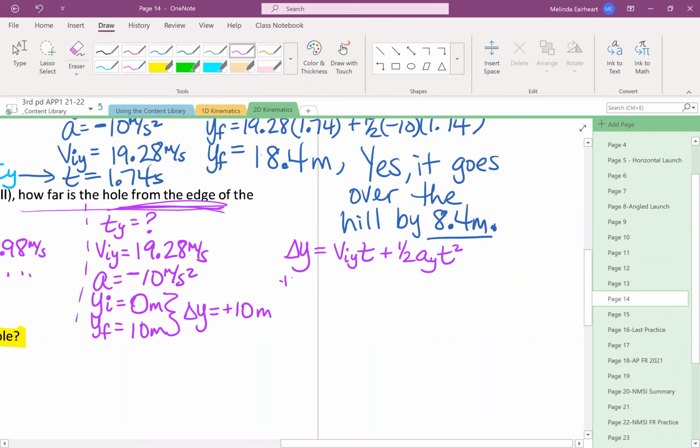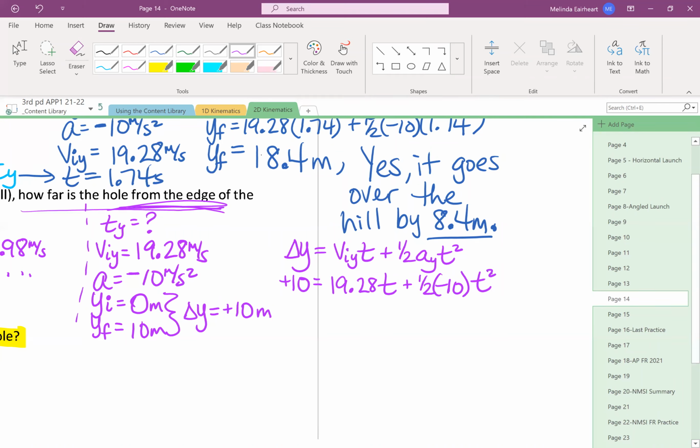And so we know positive 10. VIY was that 19.28. There's time that I'm looking for. Plus half of negative 10. By the way, it's okay if you go in and say -5. You'll even see, if you watch supplemental tutorial videos or such, a lot of physics people will go straight for the -5.